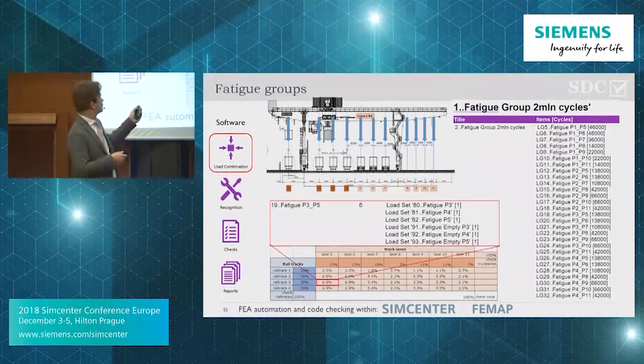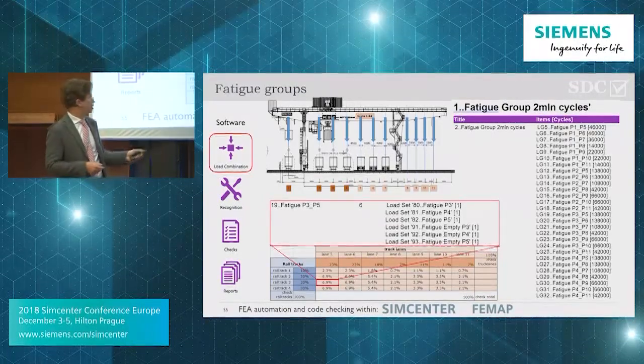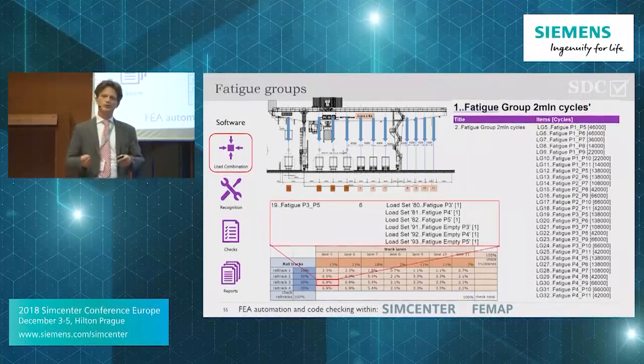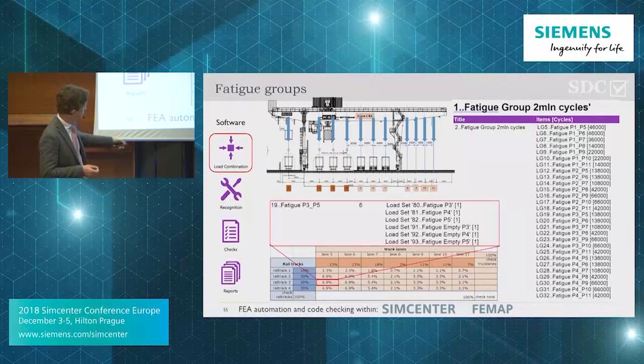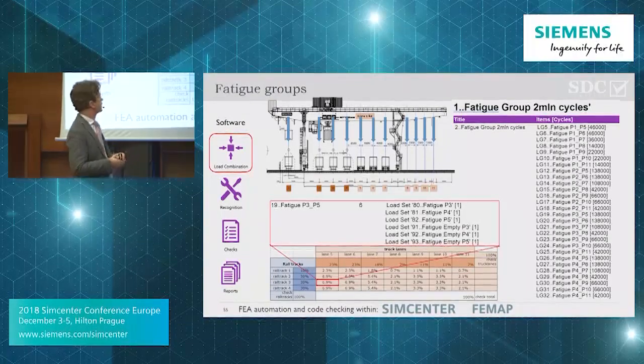So I go from the red spots to the right, to the other one to the left. And they made an estimation of how often they went from one spot to the other. So here there is an estimation of what the real use of my crane is.